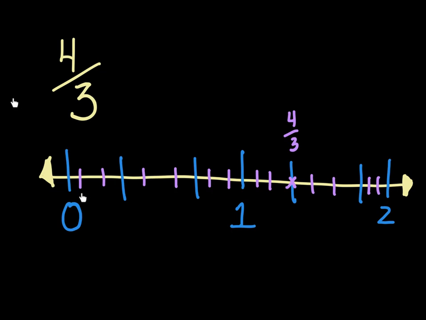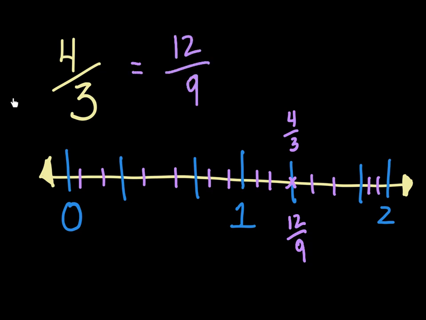So this is 1 ninth, 2 ninths, 3 ninths, 4 ninths, 5 ninths, 6 ninths, 7 ninths, 8 ninths, 9 ninths, your whole, 10 ninths, 11 ninths, 12 ninths. So over here is 12 ninths. So 4 thirds and 12 ninths are equivalent fractions.